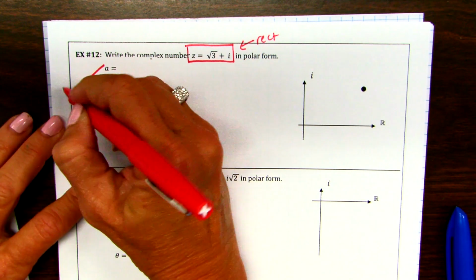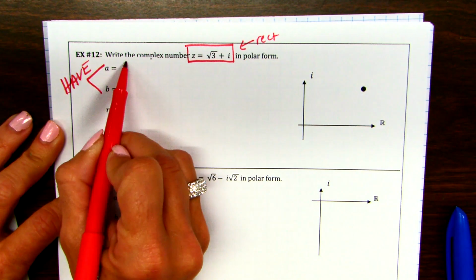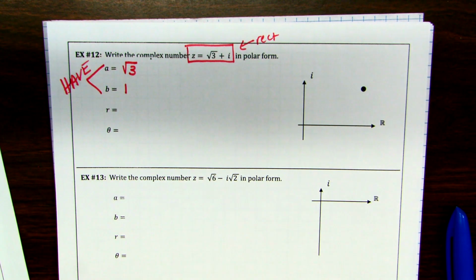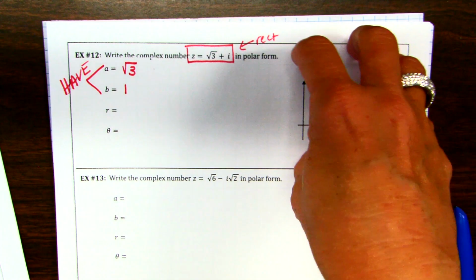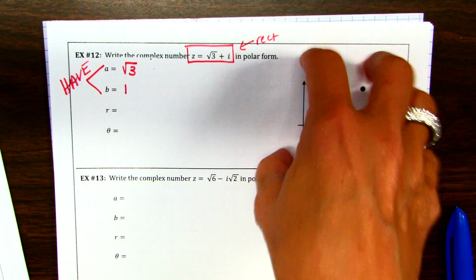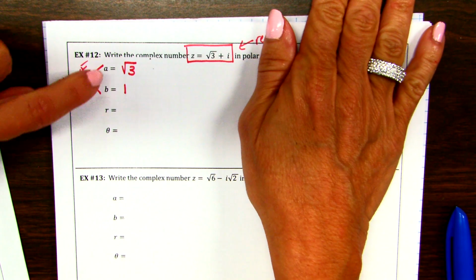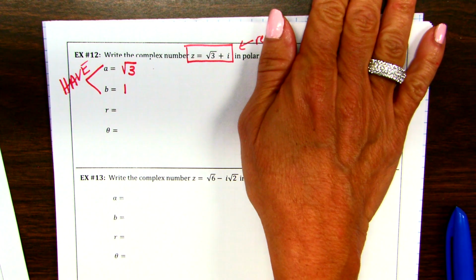So what we have is rectangular form, and we can pull out the A and the B if we wanted to. So remember, I is just a variable. If there's no number in front of a variable, it means it's 1. Now, in the notes here, they're having us graph it. You're not going to have to graph it in the homework. You don't really need the graph to be able to go from rectangular to polar form, which is what we're about to do.